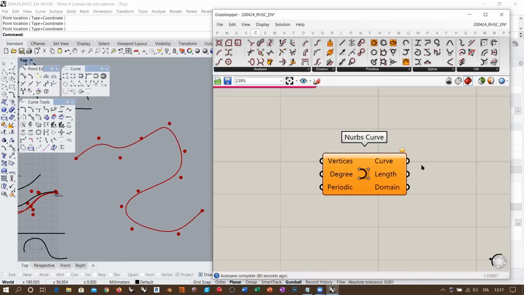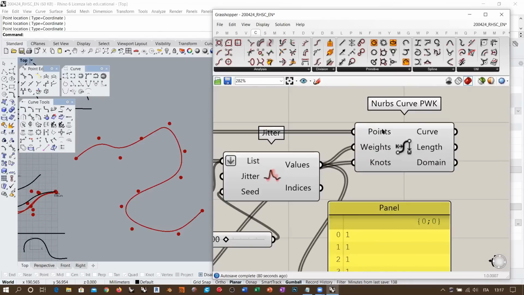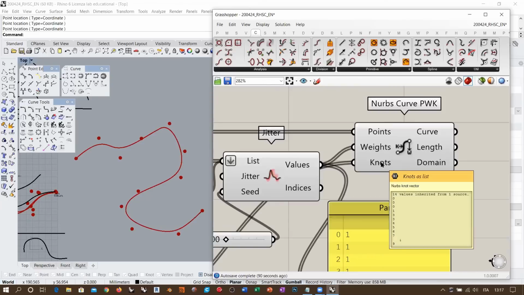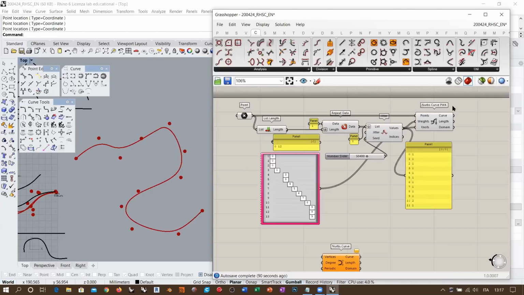So there is no other way of creating a knot vector. While in this case, the curve is based on the amount of control points and the knots, okay? So the degree is not even taken into account because by default it's 3, okay?